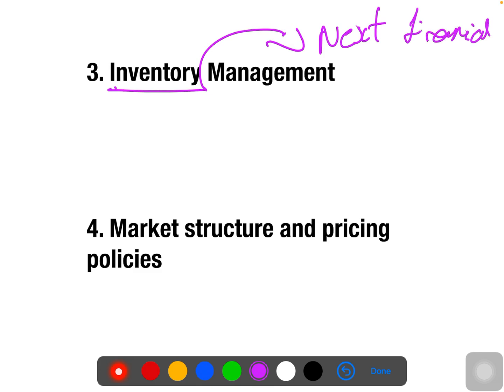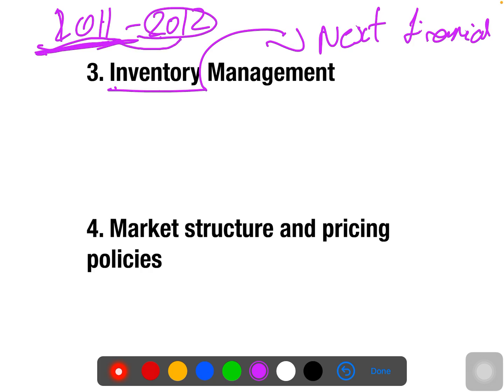For example, I produced one of the goods in 2011. I couldn't sell it this year, so I am transferring that to the next financial year, which is 2012. The good which was purchased but couldn't be sold, I am transferring to the next financial year. So the goods which are transferred to the next financial year are called inventory.